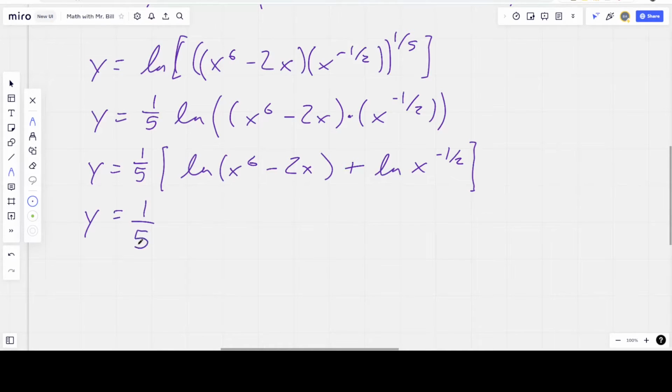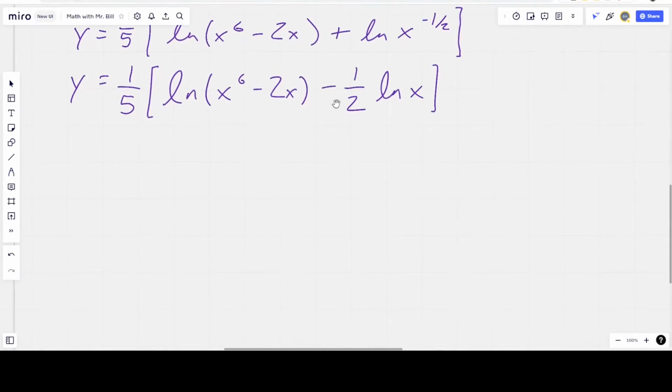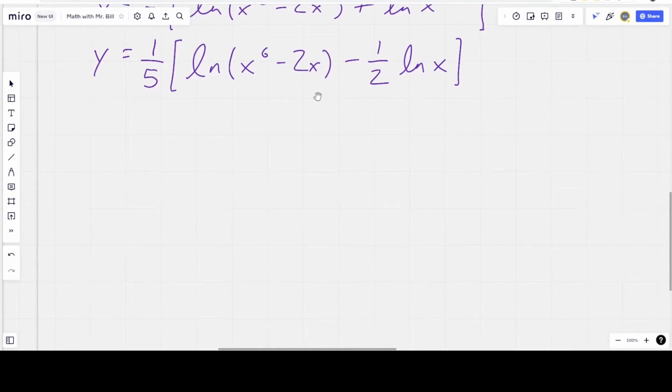So we get 1/5 times the natural log of x to the sixth minus 2x, and then minus 1/2 times the natural log of x. Okay, so now we've done all that work, but remembering your log expansions, that's going to be some good work, and it's going to help us a lot in this next step here.